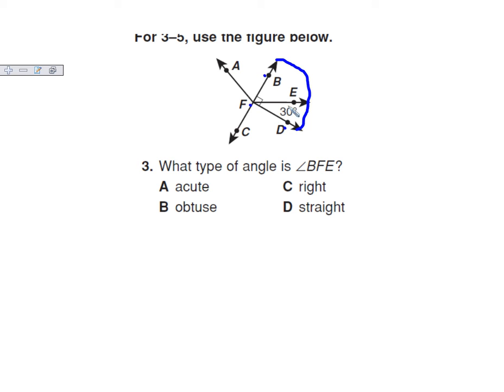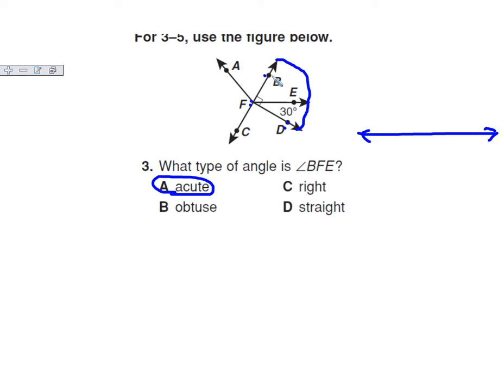DFB would be 90 degrees. So this is definitely less than 90 degrees. So less than 90 degrees is an acute angle. Obtuse would be more than 90 degrees. A right angle is exactly 90 degrees. BFD is a right angle.